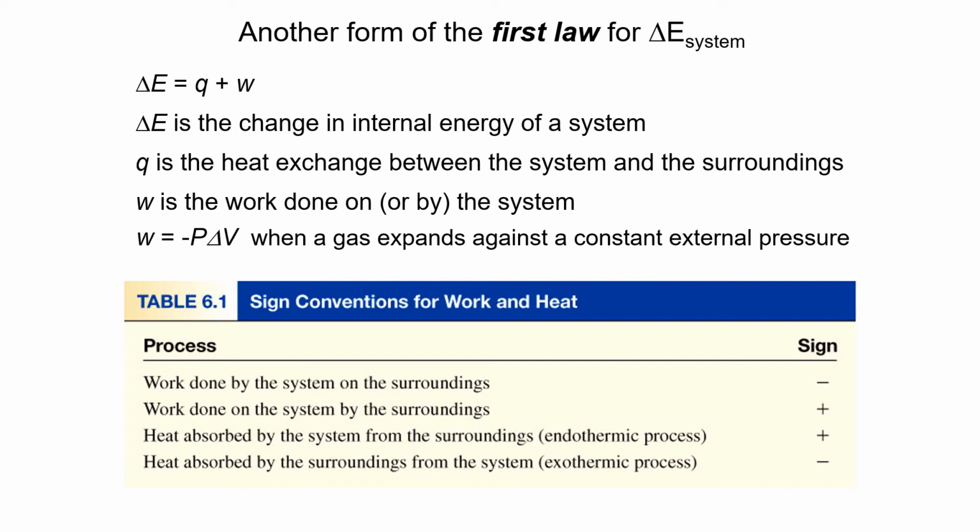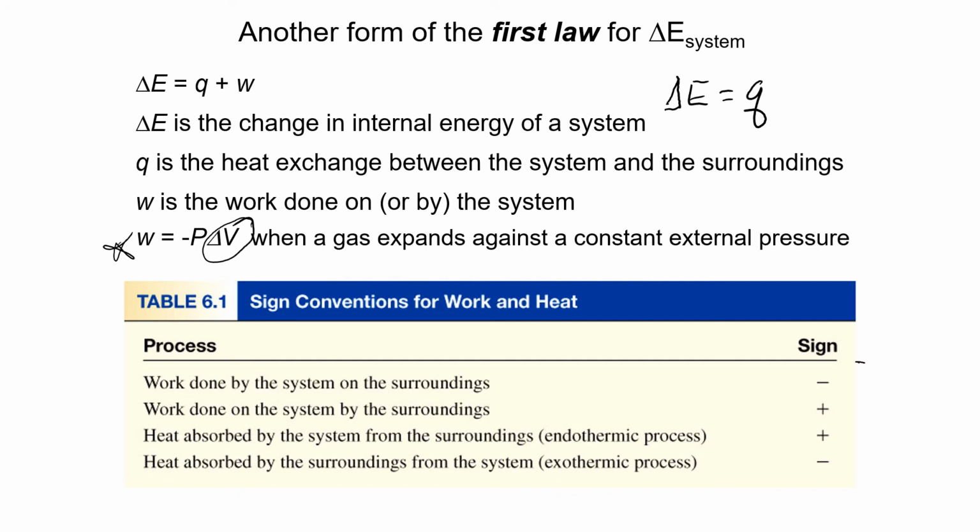But at constant pressure, which is what we work under, there is no change in volume, so this falls out of the equation. So for us, delta E equals Q. And we won't do any calculations that involve gases here, so you don't have to worry about that.